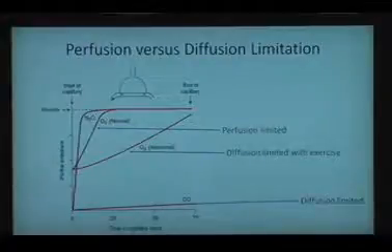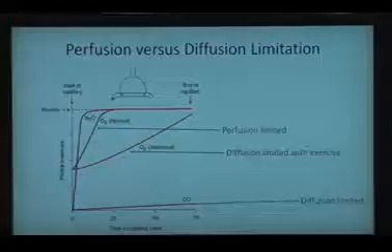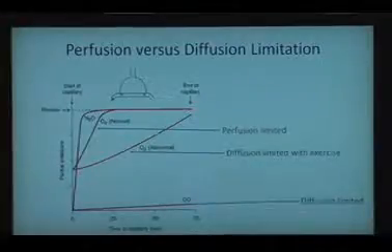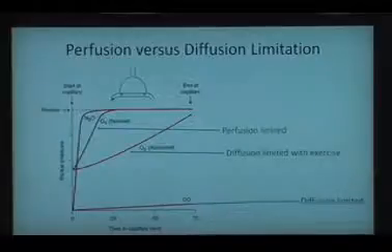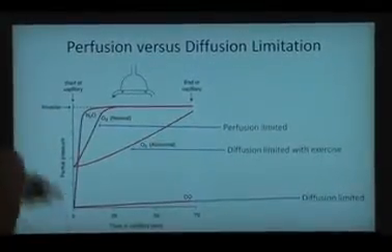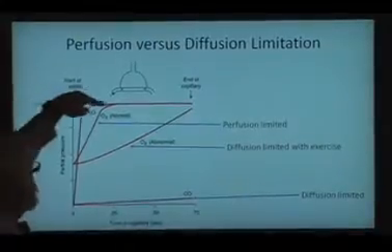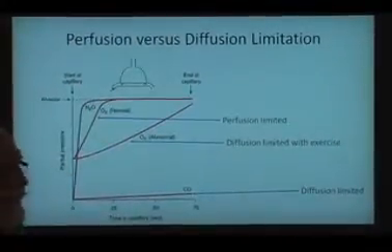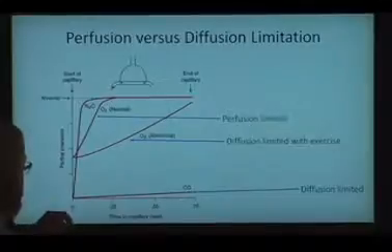So what we're looking at on this slide is how quickly the concentration of a gas increases as the blood flows from the right side of the heart to the left side of the heart. So the alveolar PO2 is here. So for oxygen, that will be about 100.